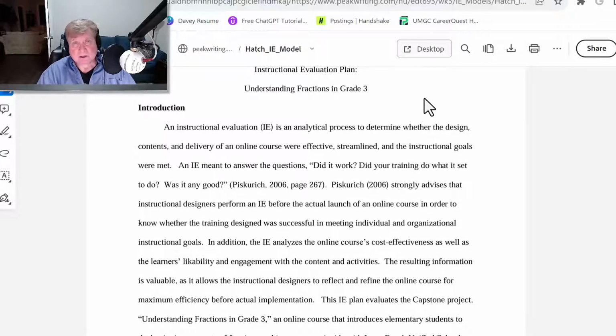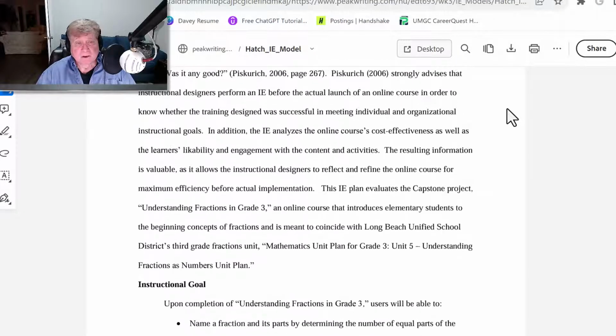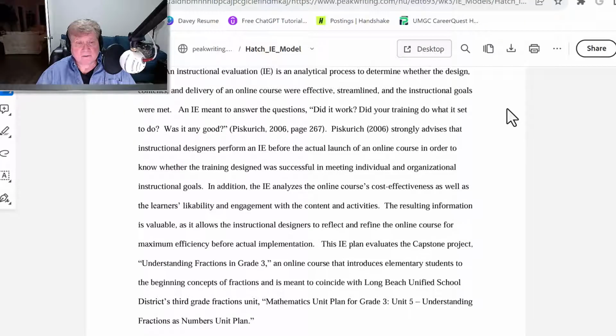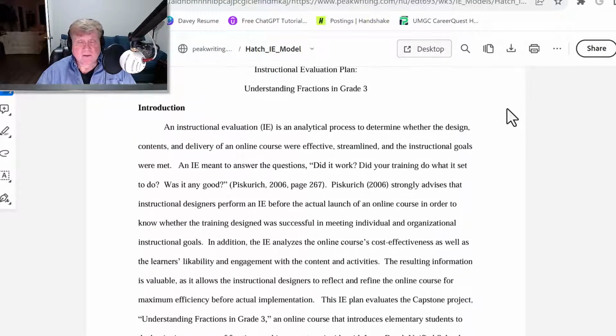In this introduction, you want to demonstrate that you know what an instructional evaluation is, what is the purpose of an instructional evaluation, and what is the importance of instructional evaluation. That's what you're demonstrating in that introduction. You can divide it into more than one paragraph if you wish. This is also the place in the introduction where you will be referring to sources.